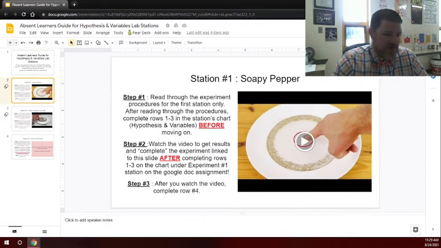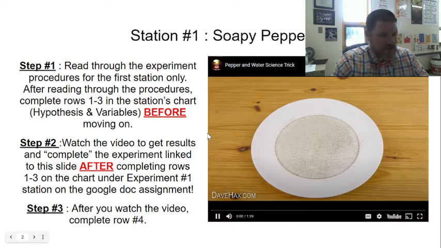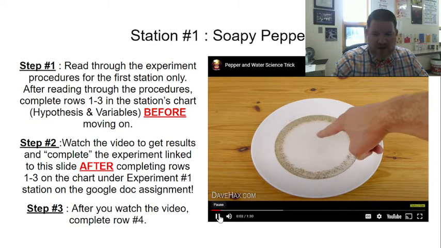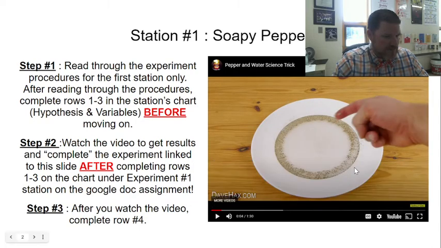Right here, you'll have station number 1. It'll have soapy pepper. If you go into the present mode of your slideshow, it's going to make that picture an actual video. You're going to watch the video of the experiment happening. And it's up to you whether or not you want sound a part of that.